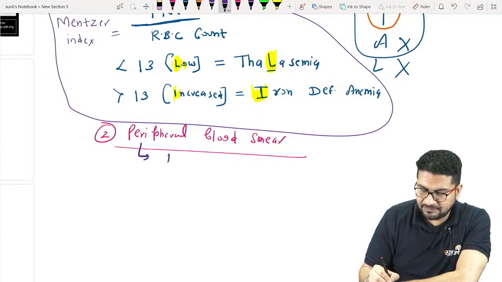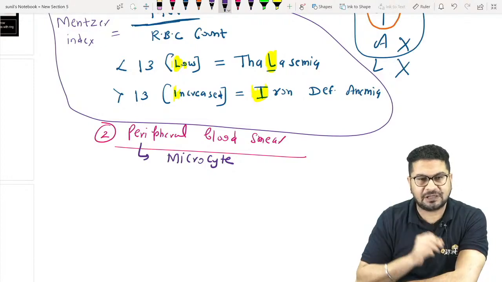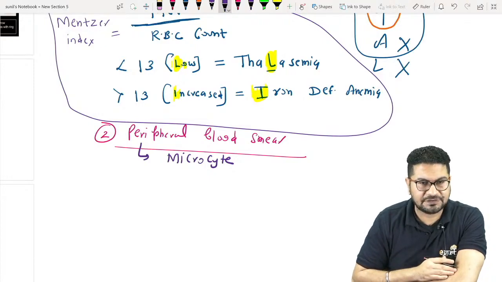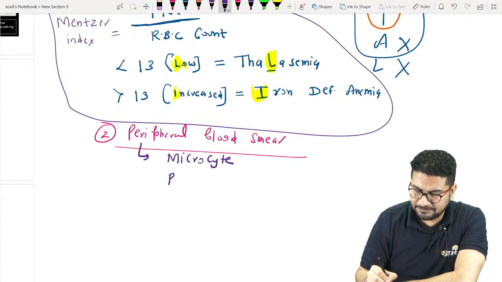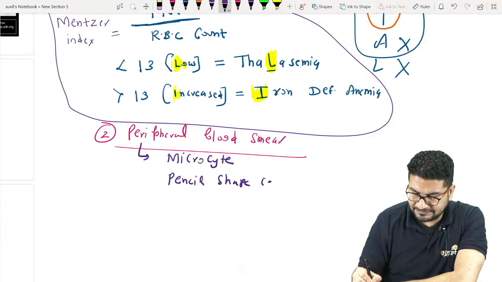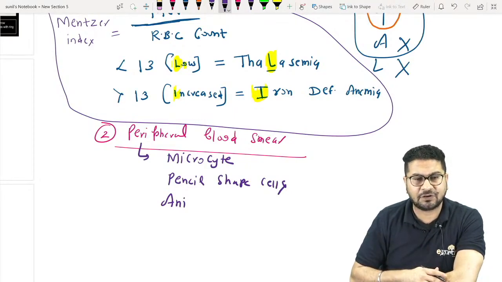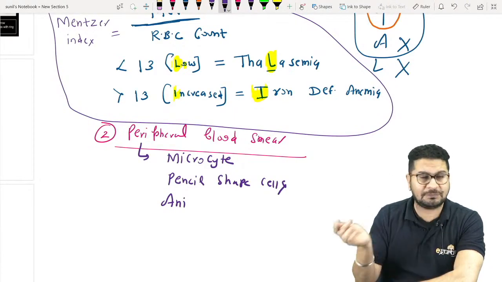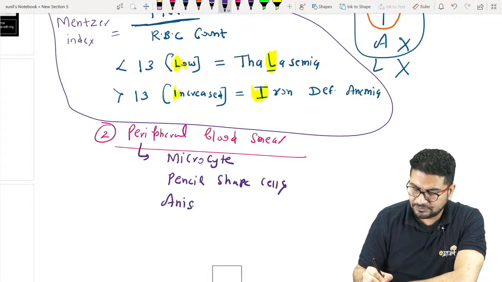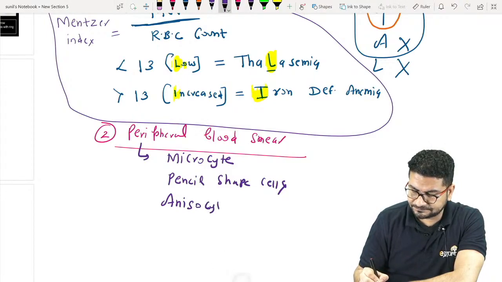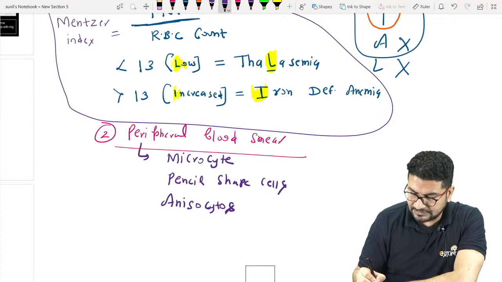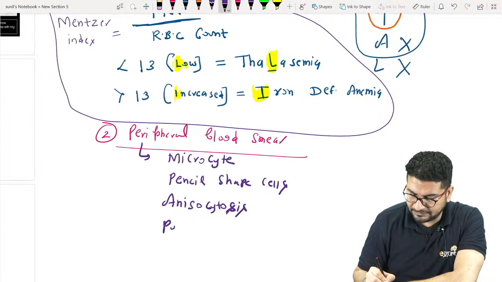So what will you see in peripheral blood smear? In iron deficiency anemia, you will see microcytes, which means small RBCs. Sometimes you will see pencil shaped cells, and you will see anisocytosis and poikilocytosis.